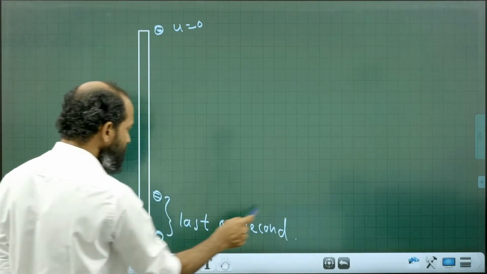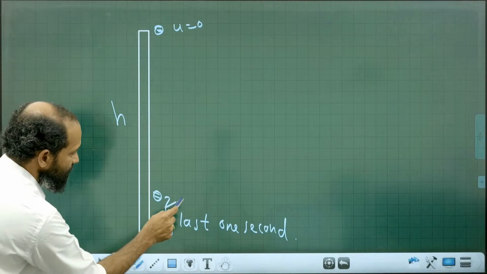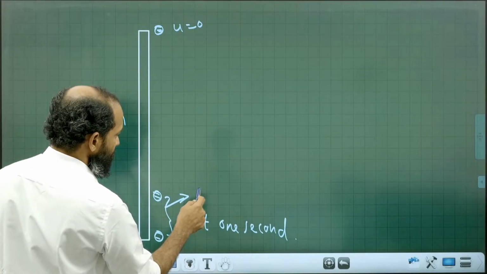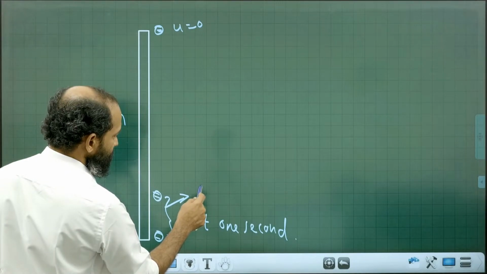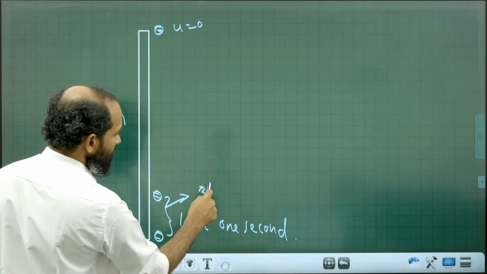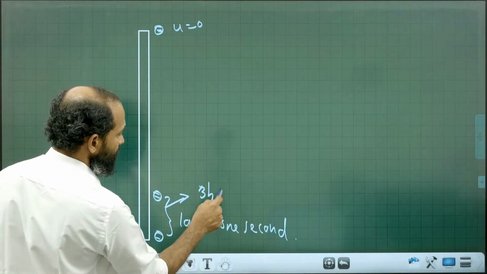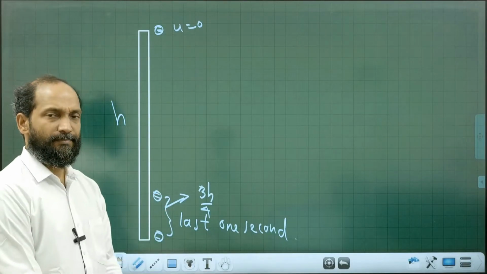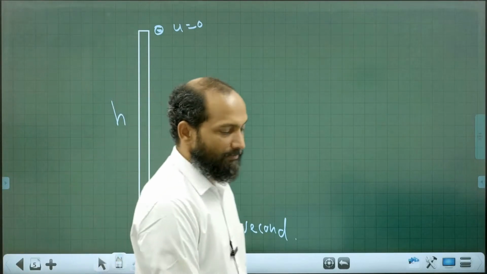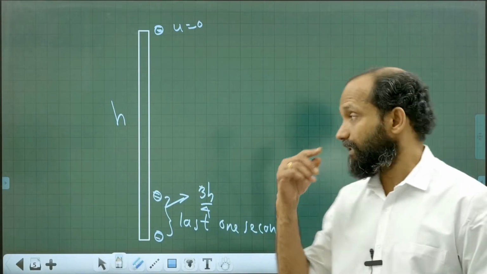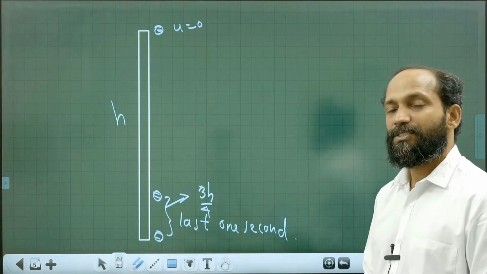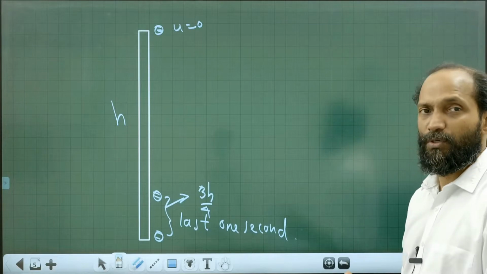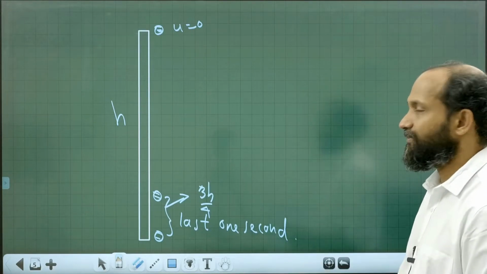In the last 1 second, it travels a distance of, say, 3h by 4 meter. 75%. That means 75% of its entire height is covered in the last 1 second. Then what is the time it has fallen down? What's the height of the building?